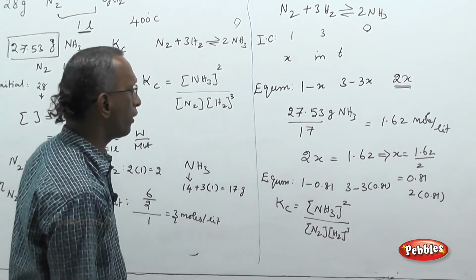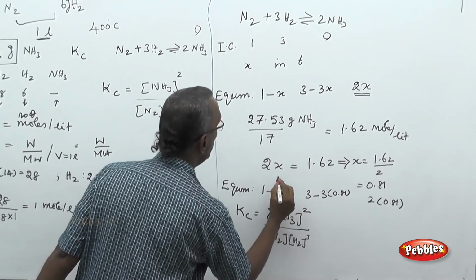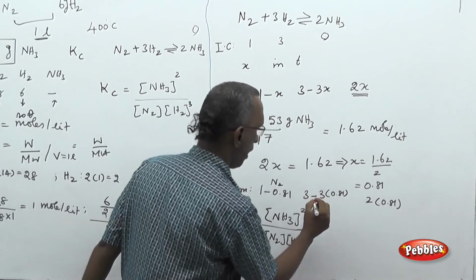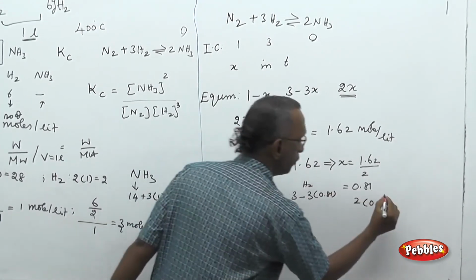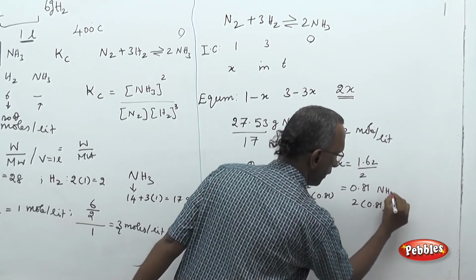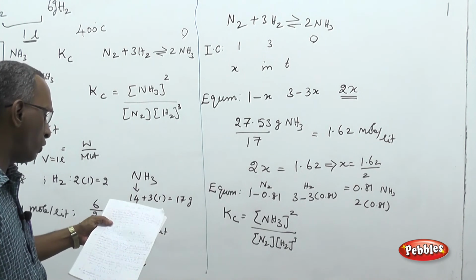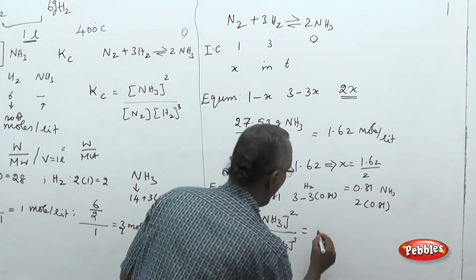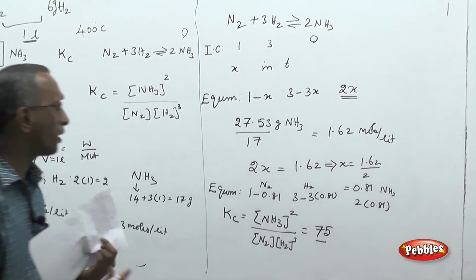So what all we have substituted? 1 minus 0.81 is the nitrogen concentration, this one is the hydrogen concentration, and this one is the ammonia concentration. These have to be substituted here. Substitution of these gives a value equal to 75.